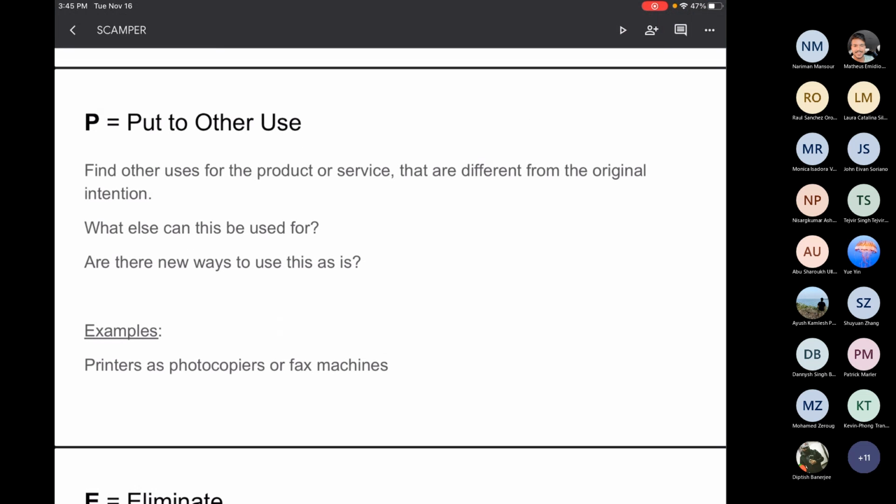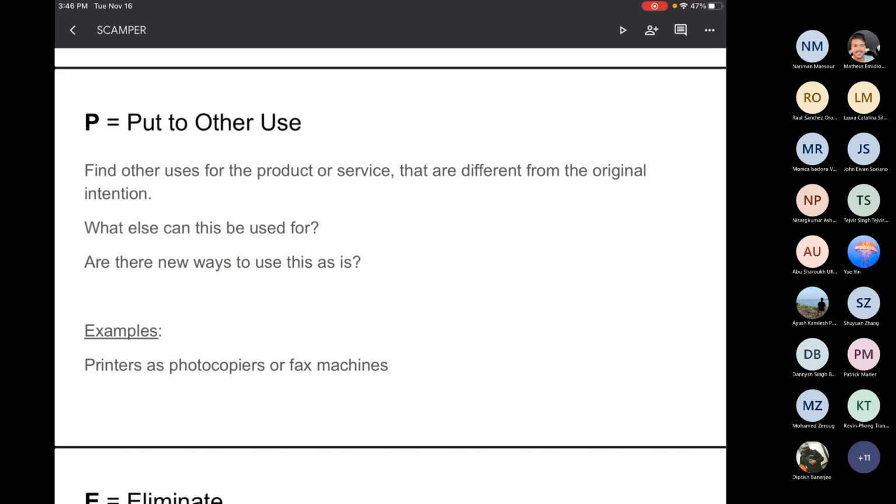Put to other use. So, this product that I have, can I use it in a different way? An example for this one that is not related to technology: baking soda. If each one of you thinks about how many areas I can use baking soda in, it's amazing. It's a multi-purpose product.